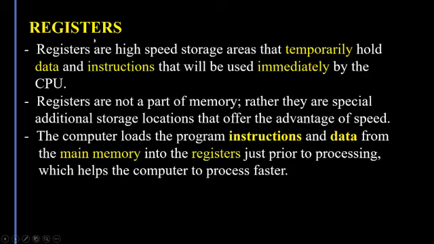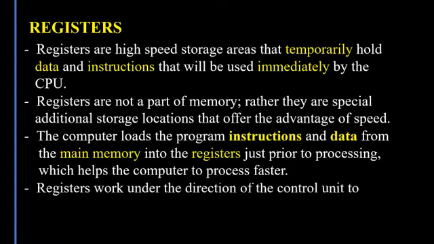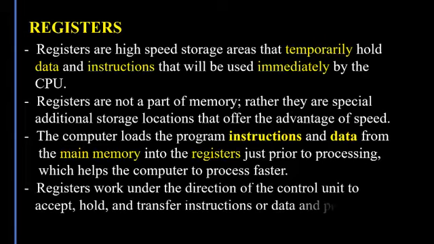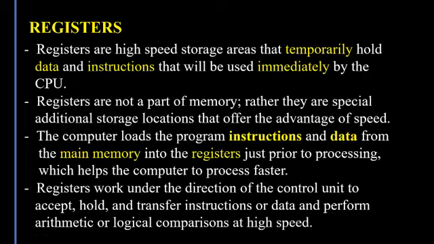We say registers because it is not just one, there are several of them within the CPU. Registers work under the direction of the control unit to accept, hold, and transfer instructions or data, and perform arithmetic or logical comparisons at very high speed.